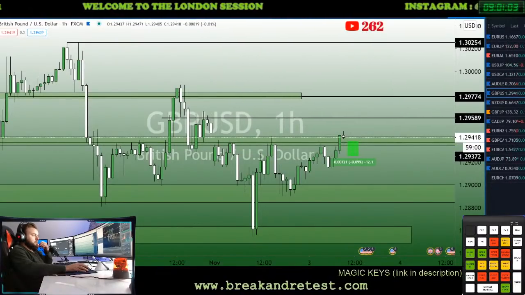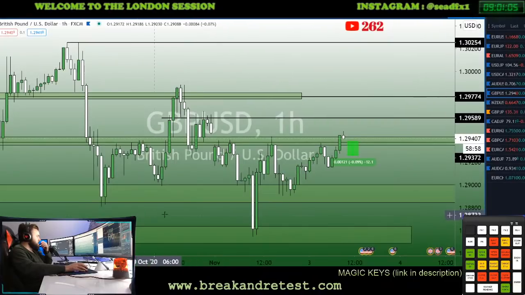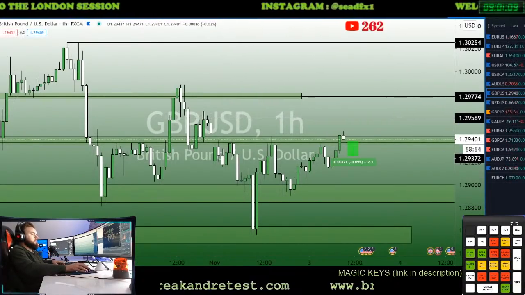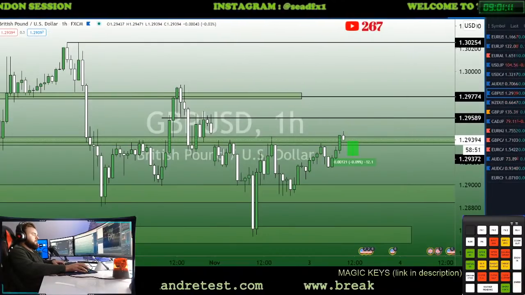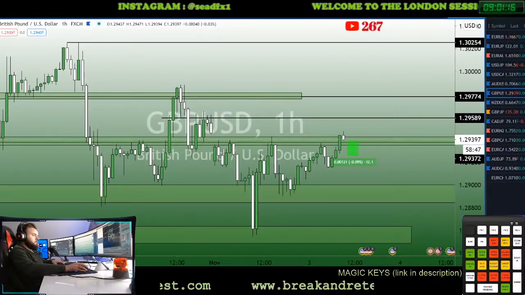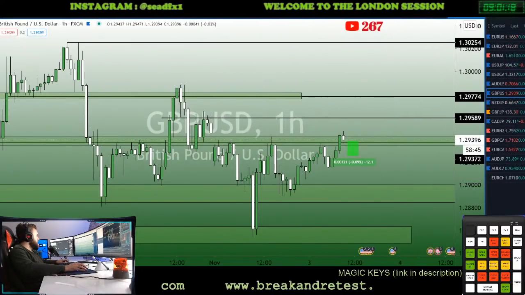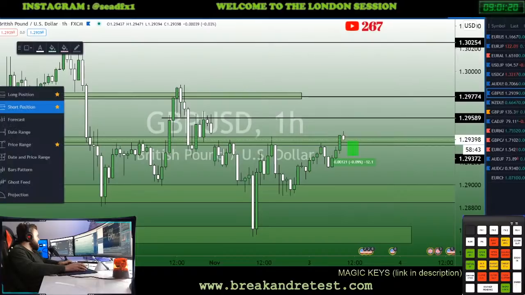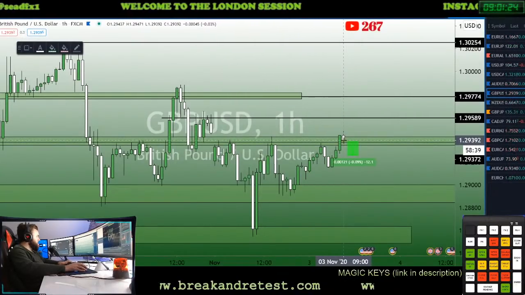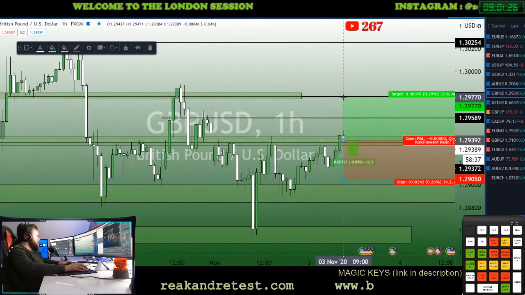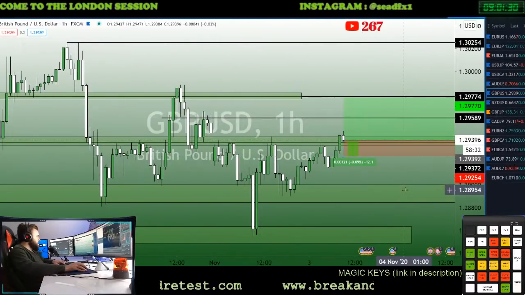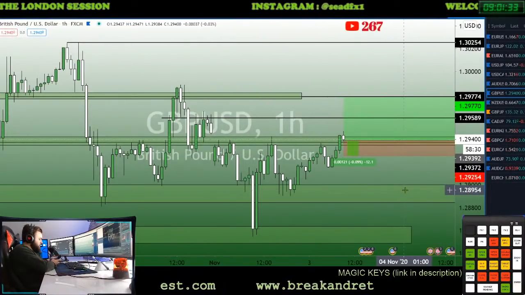I'm going to take the first entry, but I don't want to miss it just for 1 pip. So I'm going to enter half here. And if it comes a little lower, I'll enter the other half, or I'll enter everything here because it's already in the zone, so it should be good from here.